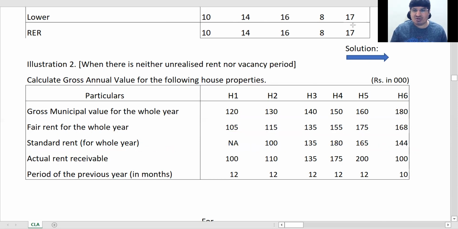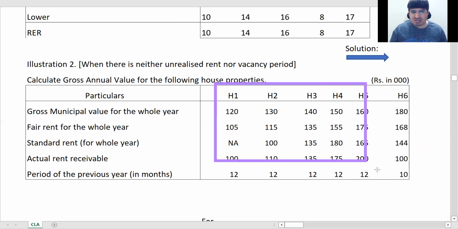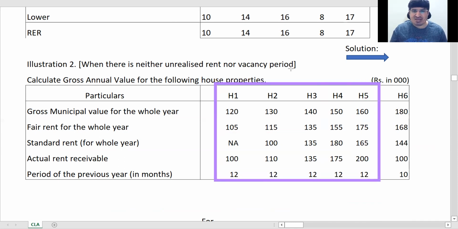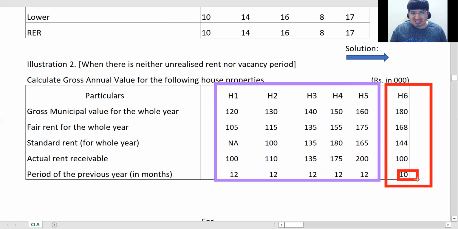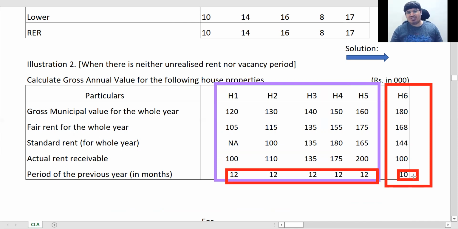For house 1 to house 5, the procedure will be same. Okay, and for the 6th one, the previous year is only 10 months. All these are 12 months, which is why we'll do this separately. So let's now do house 1 to house 5.